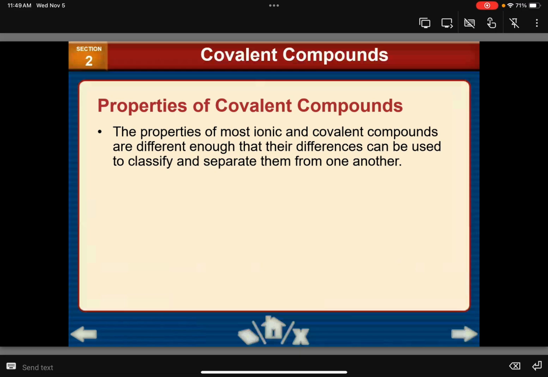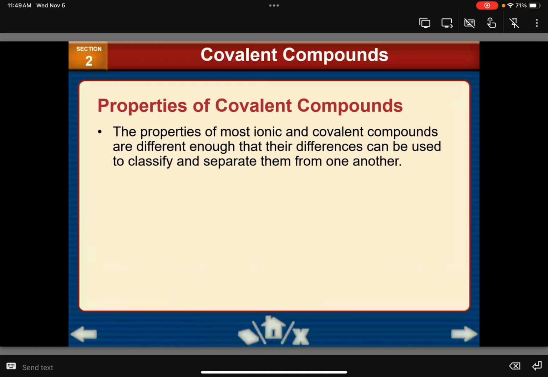So, properties of most ionic and covalent compounds are different enough that their differences can be used to classify and separate them from one another. So an ionic compound has very different properties than that of a covalent compound.